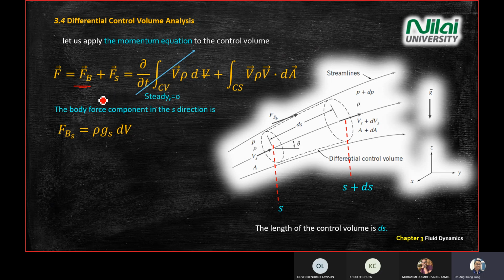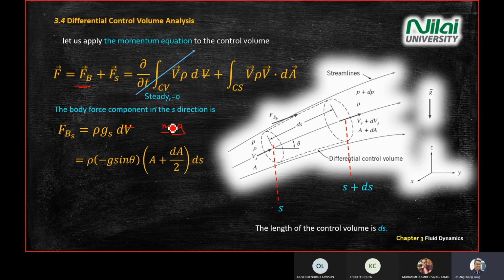So in this case, we use the momentum concept. We take rho g times the volume, sorry, not velocity, this is volume. We take rho g times the volume because body force is mg.